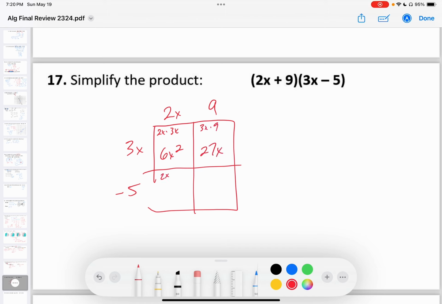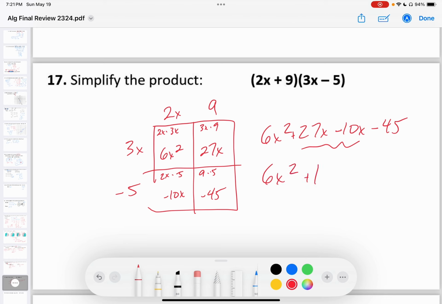This one will be 2x times negative 5, or negative 10x. And this one would be 9 times negative 5, or negative 45. So we've got 6x squared plus 27x minus 10x minus 45, and our middle two terms will combine to 6x squared plus 17x minus 45.